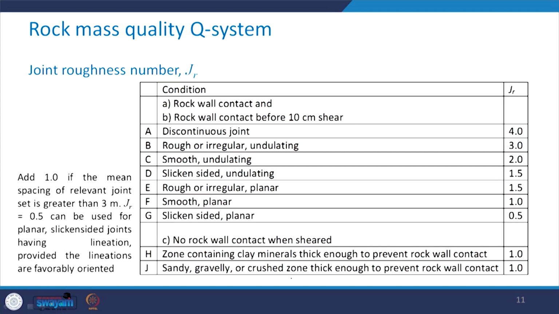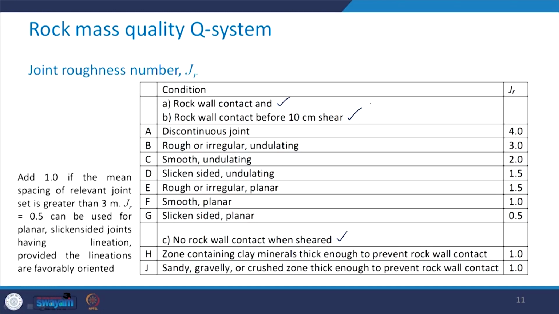Based upon the condition of the joint, this rating is assigned as per this table. So, here you can see that there are 3 conditions. The first one is rock wall contact, and then rock wall contact before 10 centimeter of shear, and the last one is no rock wall contact when sheared.